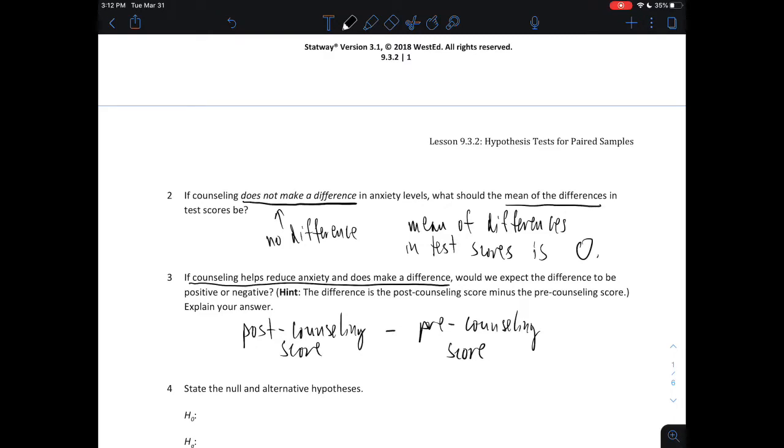So we would have a low score after counseling minus a higher score before counseling. If we take a small number and subtract a bigger number, we are going to get a negative.